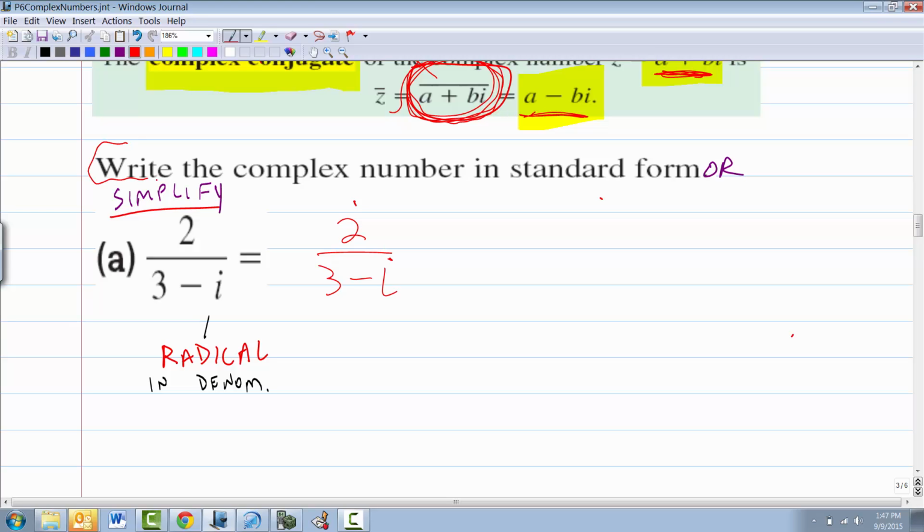Now, let's pay attention to the directions. Write the complex number in standard form. Or it could just say simplify. And you need to know the idea to simplify is to get that radical out of the denominator, because that's what's going on. What's i? The square root of negative 1. Okay, so here's the wrong thing to do.